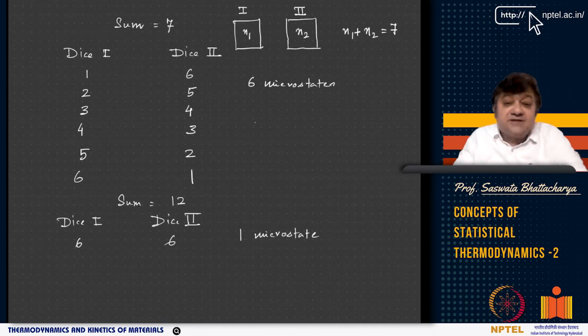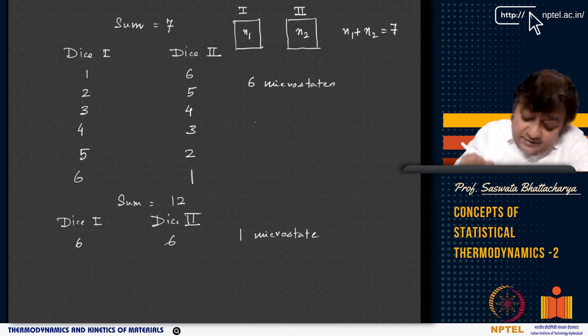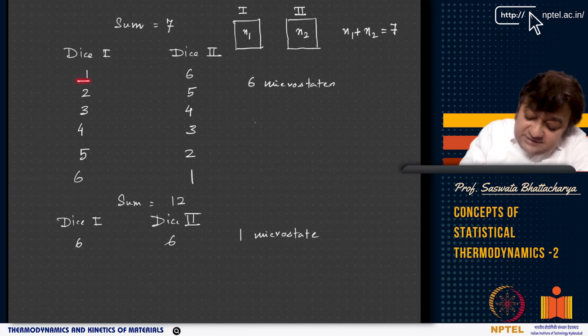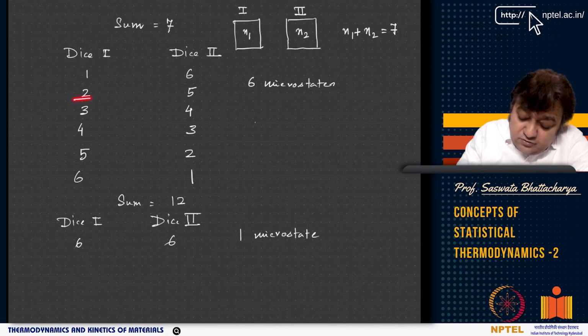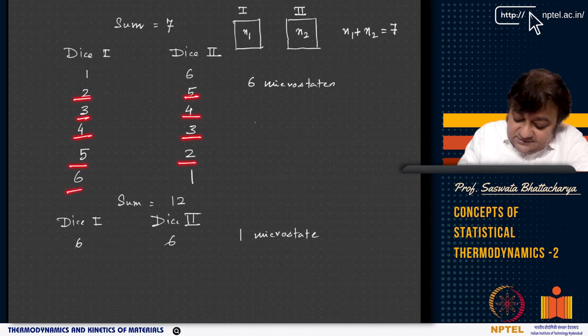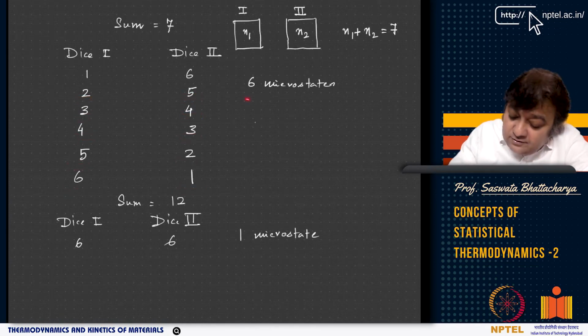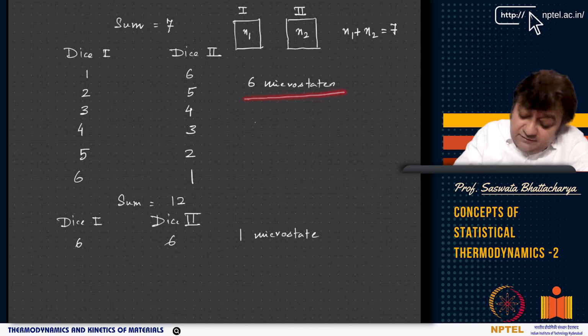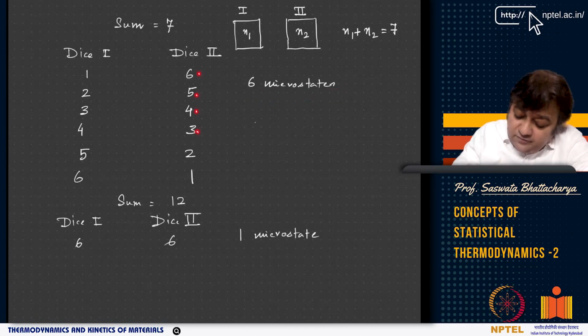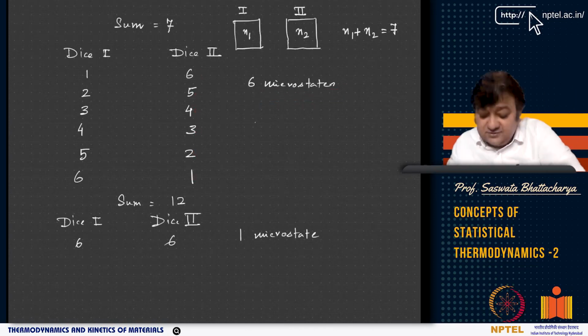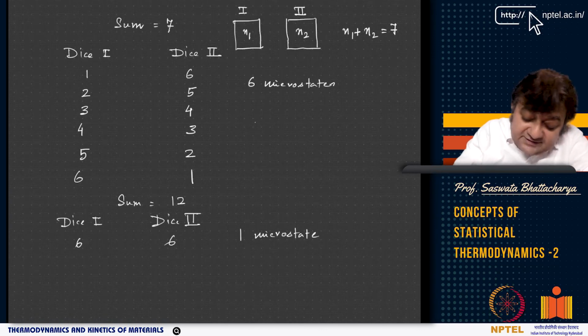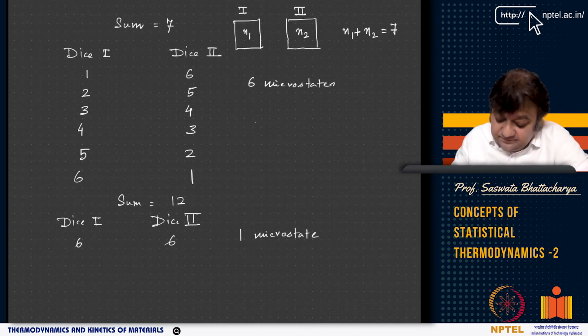Now how many ways can you have n1 plus n2 equal to 7? 1 and 6 gives 7, 2 and 5 gives 7, 3 plus 4 gives 7, 4 plus 3 again 7, 5 and 2, and 6 plus 1. So you have a total of 6 microstates here, right? 1, 2, 3, 4, 5, 6, and the macrostate is 7. The number has to be 7.